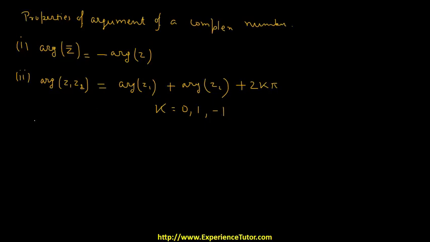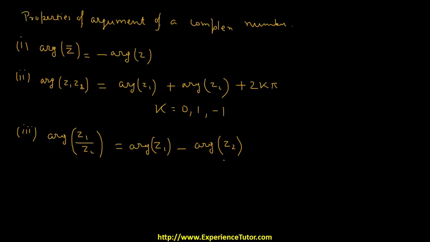Now third property is argument of z1 upon z2 is equal to argument of z1 minus argument of z2 plus 2k pi.